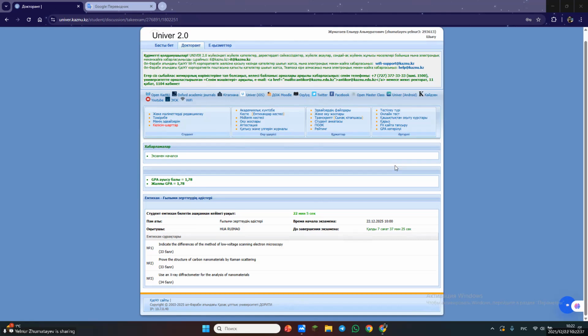I think it is high, because this method can analyze the defects, crystallinity, and bonding in materials, and this would be impossible if the method were not sensitive.